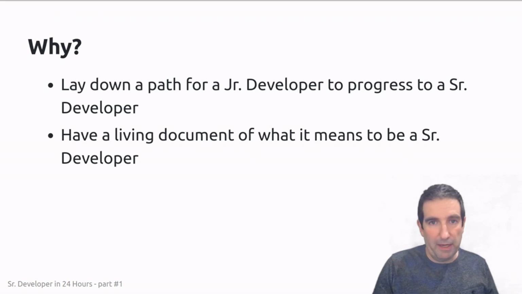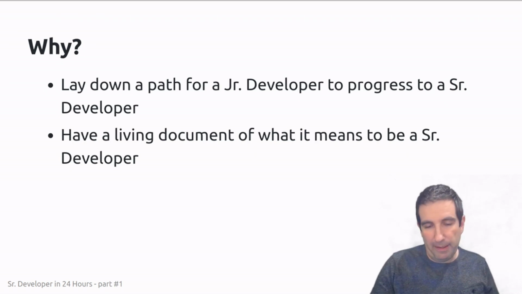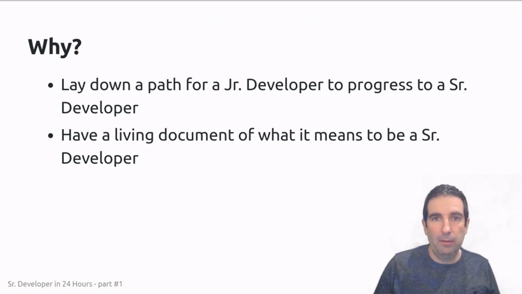And the idea is that this will be compiled into a living document with all of the information. And we will have a living document that can be updated of what it means to be a senior developer with the latest tools, the latest trends, the latest technologies, and so on.